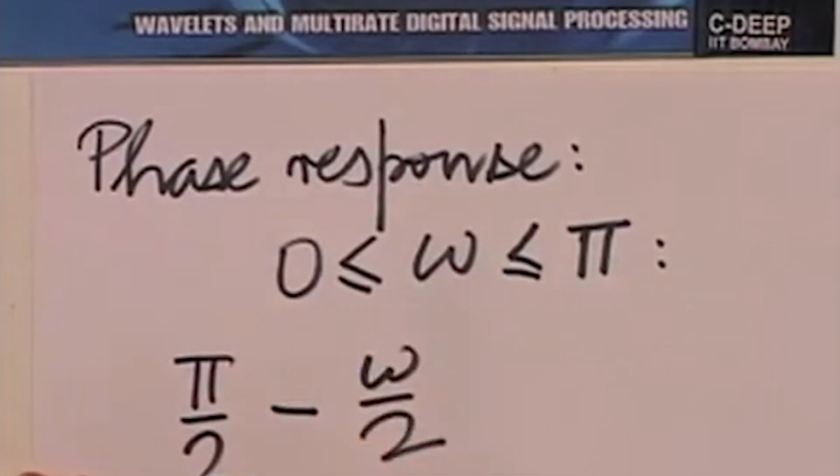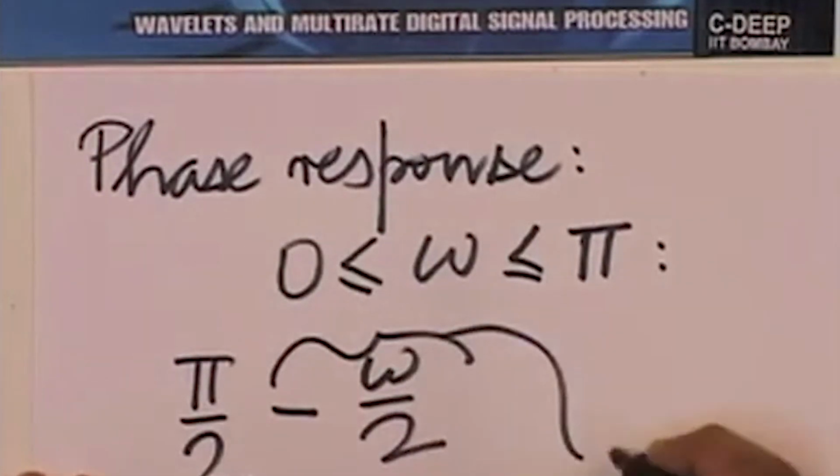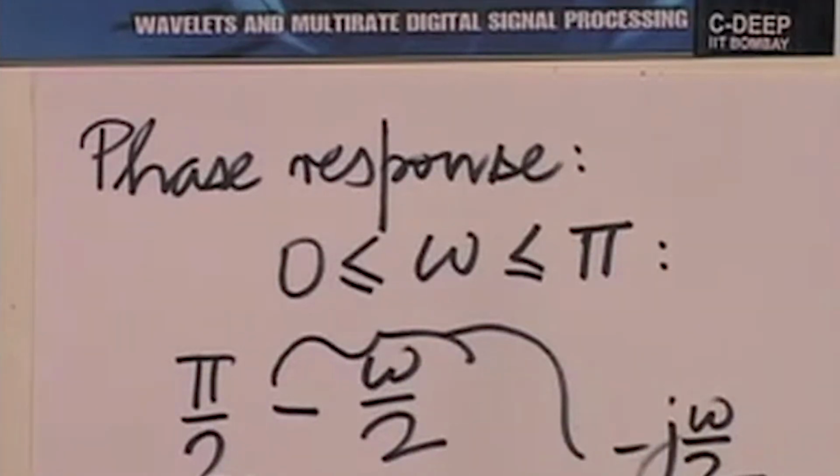This is contributing essentially j in the expression, and this part is coming from e raised to the power minus j omega by 2 in the expression. Let us sketch this response, I mean the phase response.